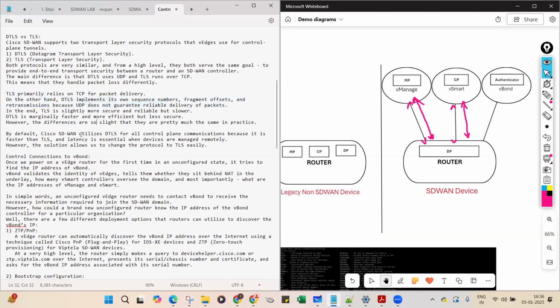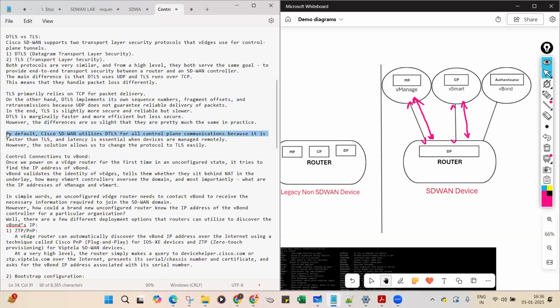reliable delivery of packets. In the end, TLS is slightly more secure and reliable but slower. DTLS is marginally faster and more efficient but less secure. However, the differences are so slight that they are pretty much the same in practice.